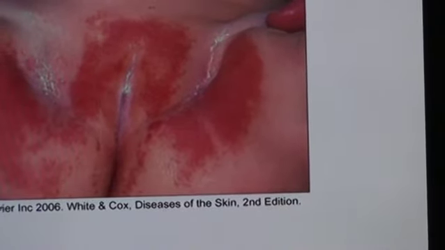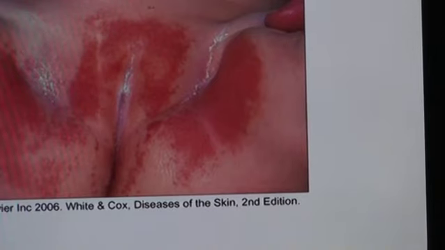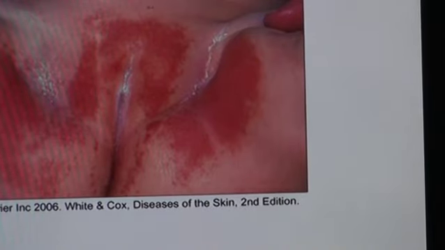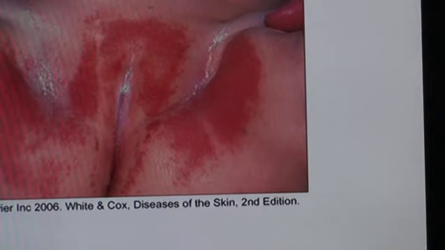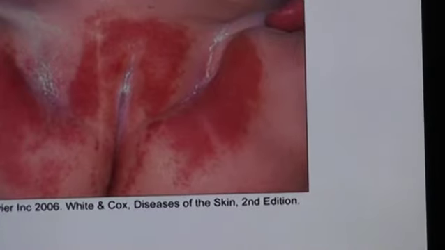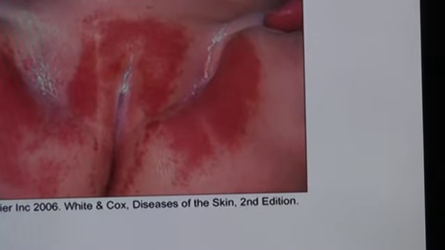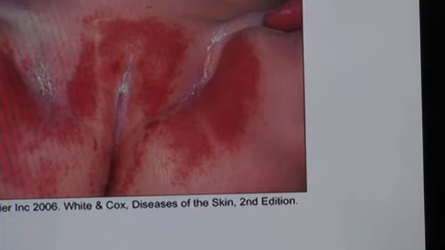You can also think about Intertrigo as involving the inframammary area in people with pendulous breasts, for instance. And we do get patients just like that, and when you see that, you're going to sign them out as having Intertrigo.